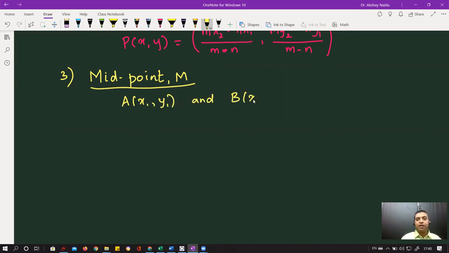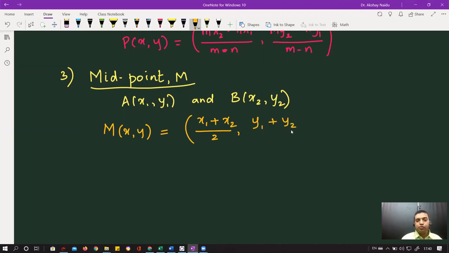So M is the midpoint of AB. You all know this result from class 10th also. So M(x, y), the midpoint, is (x1 plus x2) by 2 and (y1 plus y2) by 2.